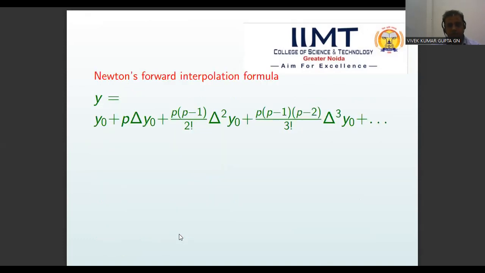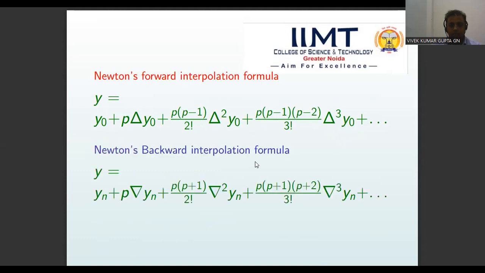So for the interpolation formulas, because we are going to discuss numerical differentiation, we use formulas like Newton's forward interpolation formula, which is defined using the difference operator, and which is also a polynomial interpolation formula. It is defined as y is equal to y naught plus p delta y naught plus p into p minus 1 upon factorial 2 del square y naught, and so on.